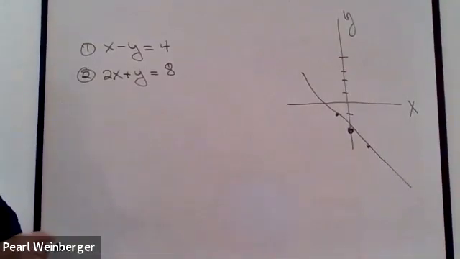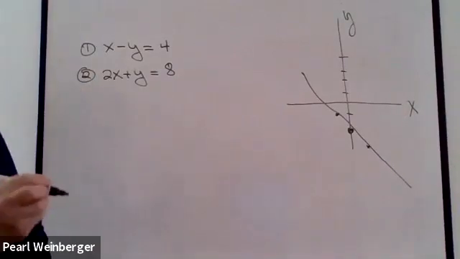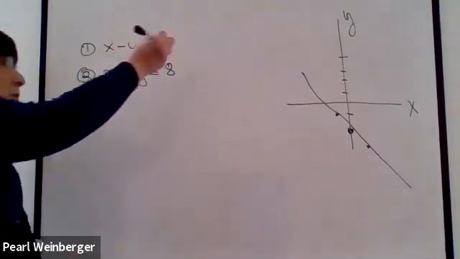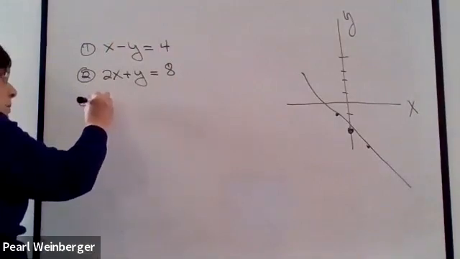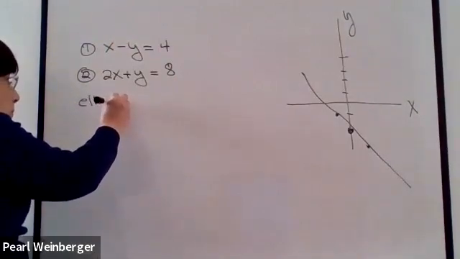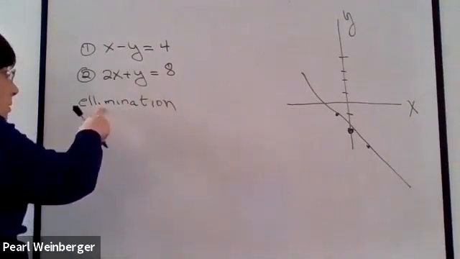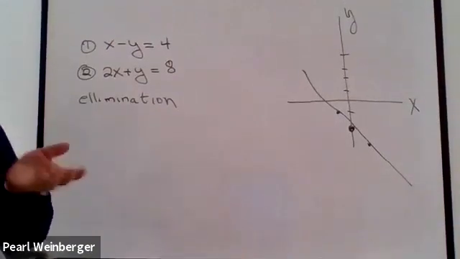Okay, I am going to do this by an algebraic method. It doesn't involve any graphing, and the method is called the method of elimination. And you know what the word eliminate means?